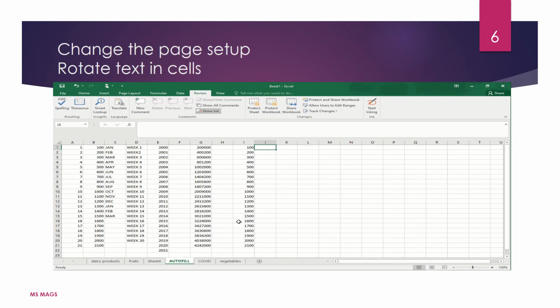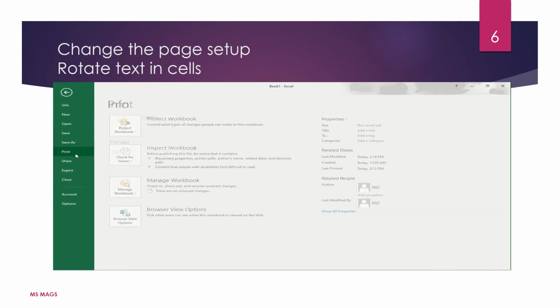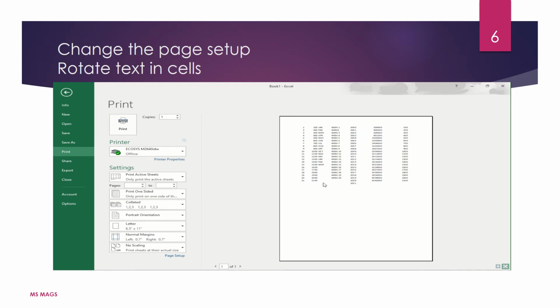Okay, so how do we change the page orientation? This is in portrait. Let's say we want to change this worksheet into a landscape format. So let me just quickly do a preview of how the sheet looks. This sheet is in portrait orientation.